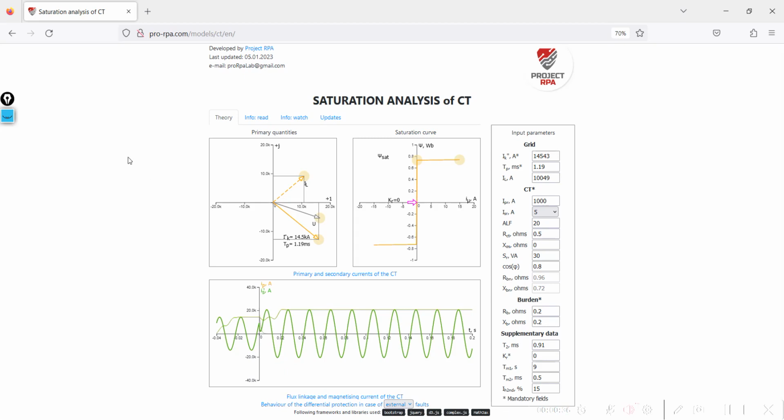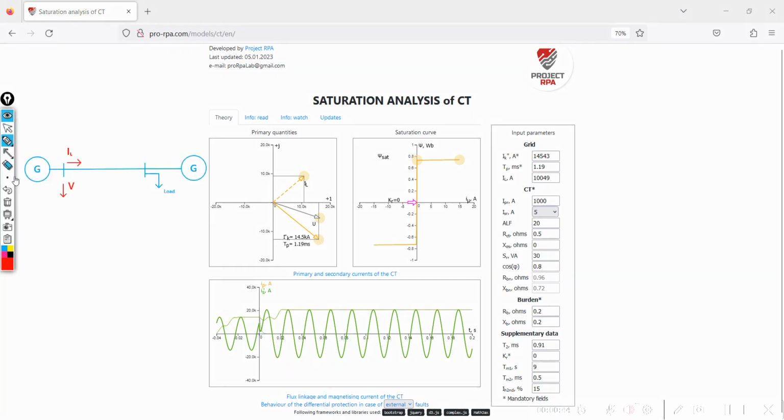Let's start with the load current. For the load current, we can draw the following equivalent circuit diagram. A generator with infinitely high short circuit power, a bus bar, a power line, another bus bar, and another generator here.